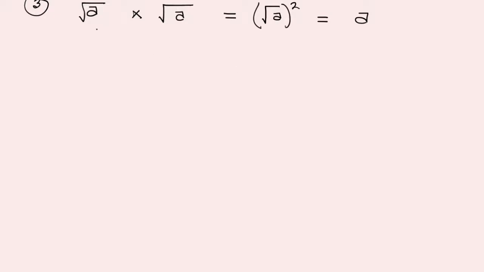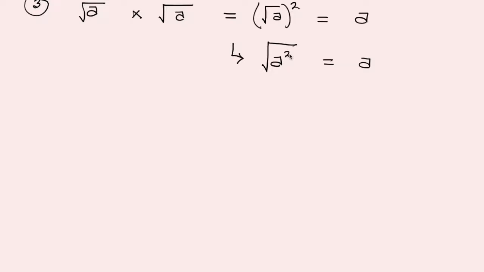So if you multiply the square root of a by itself, or you square the square root of a, you get a. And we can branch out by saying that if you have a squared and you look for the square root of a squared, you would also get a. Now, the square root and square are inverse operations, which means they cancel out each other.